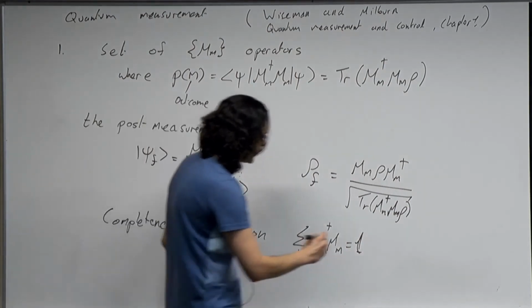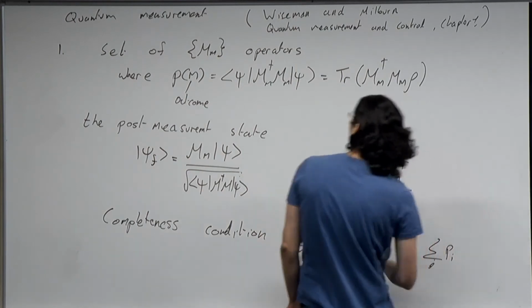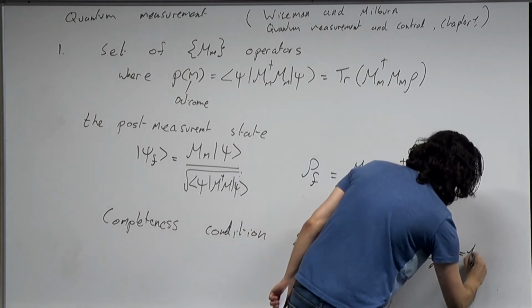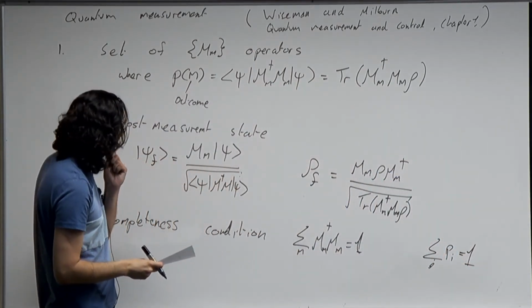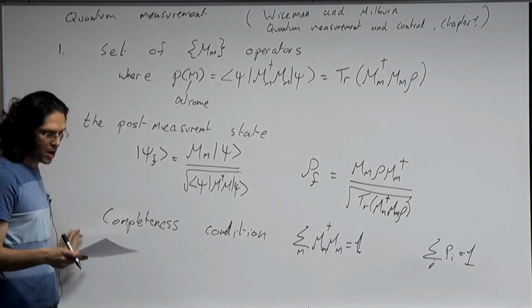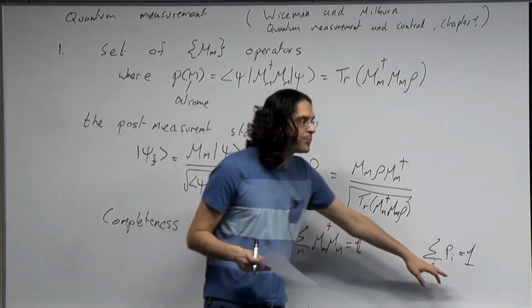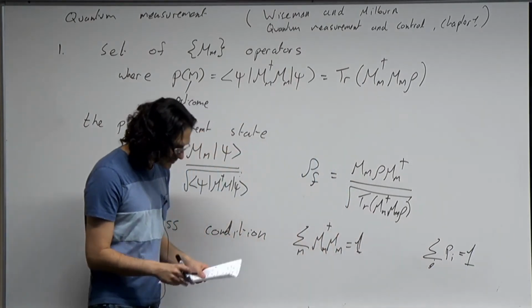Okay? Or in other words, the sum over i of p_i, the probabilities, has to equal 1. Okay, so this is the most general definition of a quantum measurement, and all that we require is that the probabilities sum up to 1. Okay?